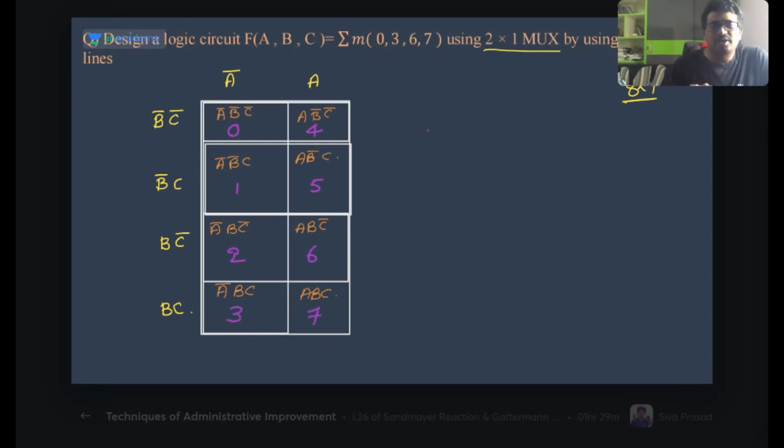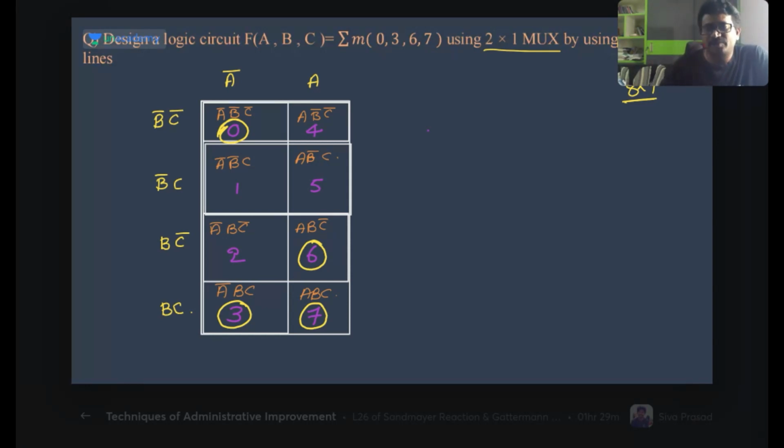Now, what are the min terms they have given? 0 is given, so circle it. 3 is given, circle it. Next 6 is given, circle it, and 7 is given, circle it. Whichever we have circled are the min terms, and which are not circled are the max terms.